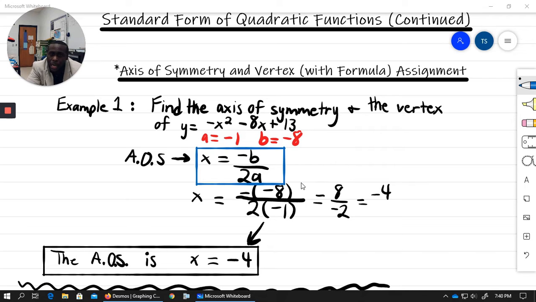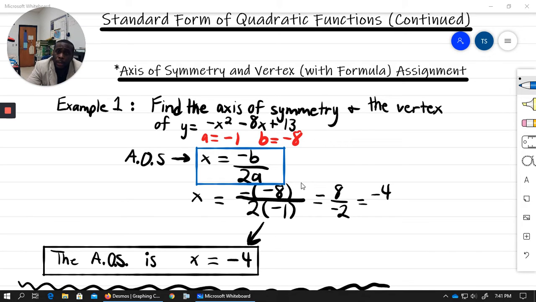one of the first components in the Delta Math part of this assignment is the axis of symmetry and vertex with formula. On that, you'll be asked to either find the axis of symmetry or find the vertex.